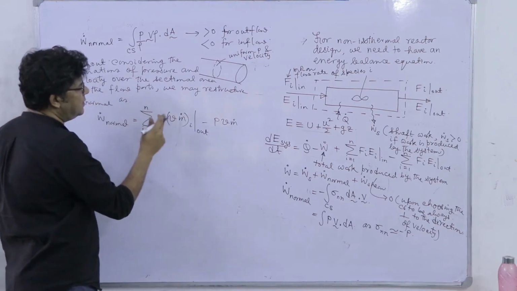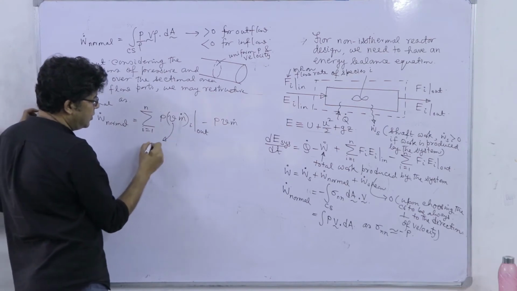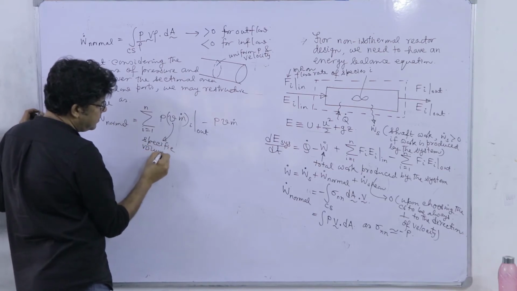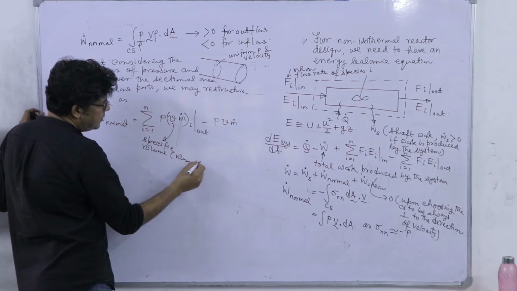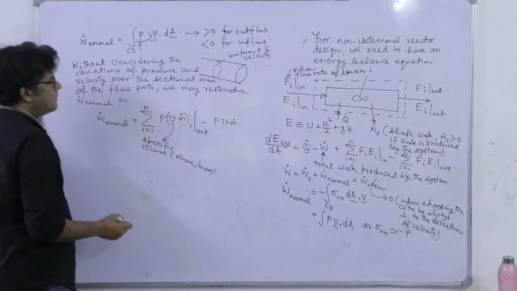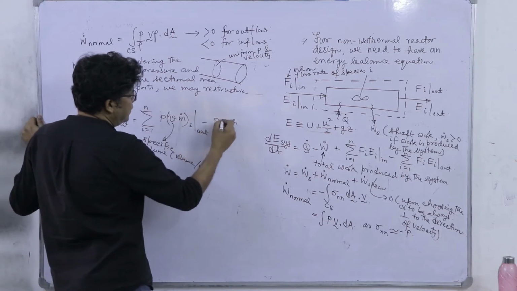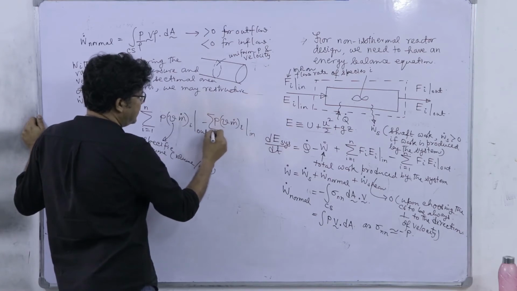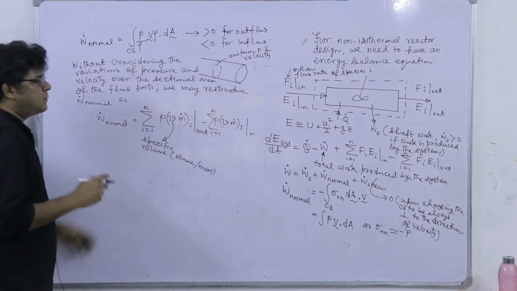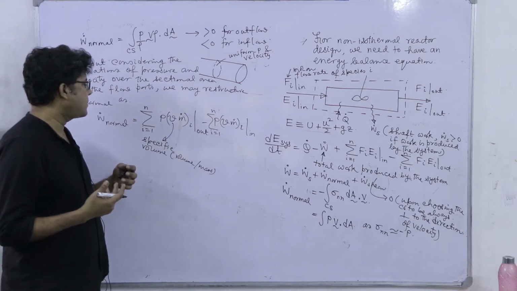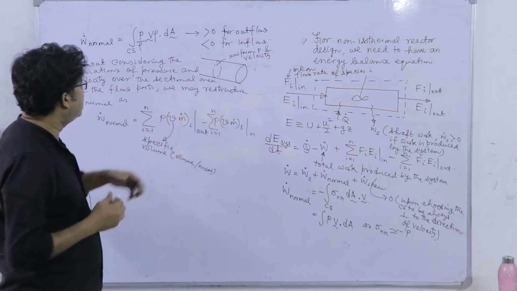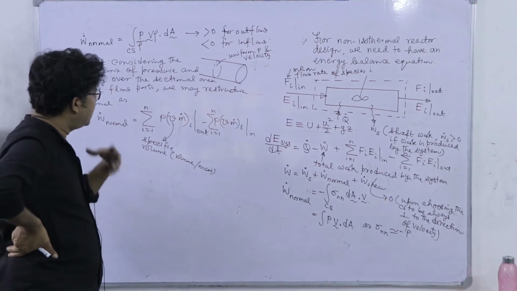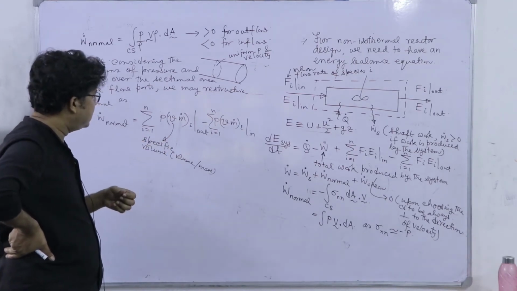Here V is not the molar volume, sorry, it is the specific volume, that is volume per unit mass. So it is basically pressure into the volume into mass flow rate, and specific volume into mass flow rate gives you the total volume flow rate.